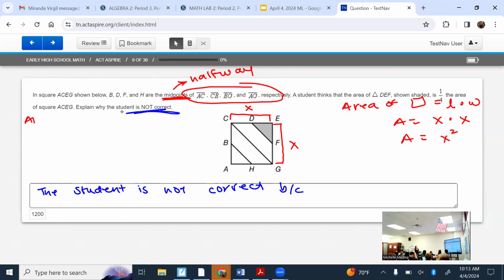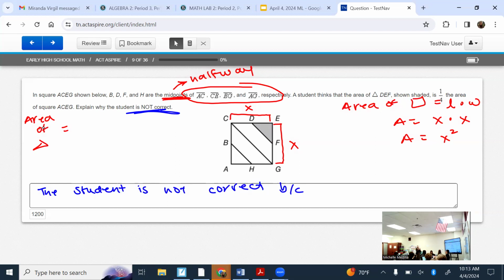The area formula for a triangle, what's that formula? What happens when I put two triangles together? What do they make? More so a rectangle, but two triangles make a rectangle.